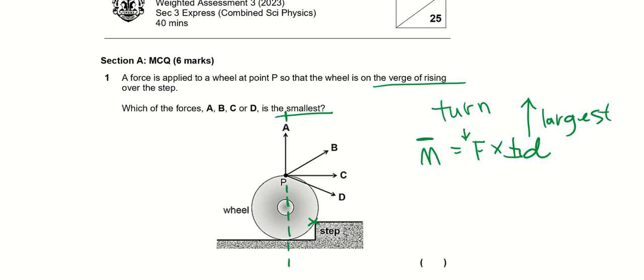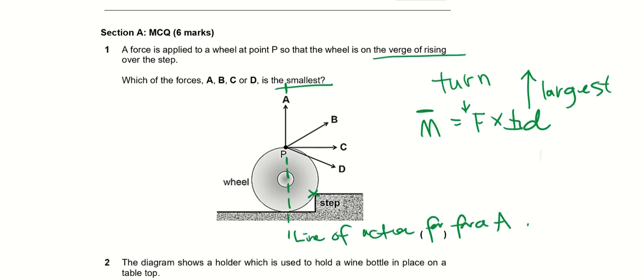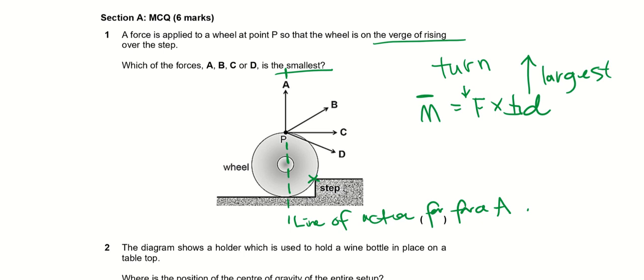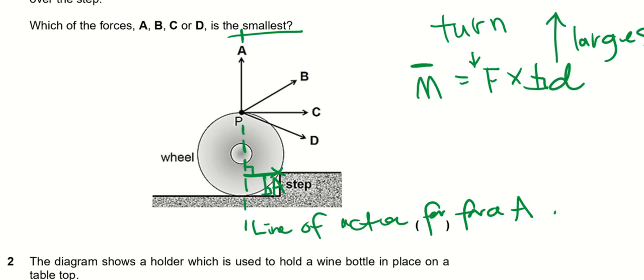So this is the line of action for force A. And since this is the pivot, I'm going to do this example first. This will be the perpendicular distance for A. I hope you can see this perpendicular distance of A.